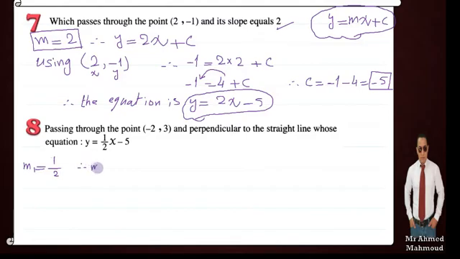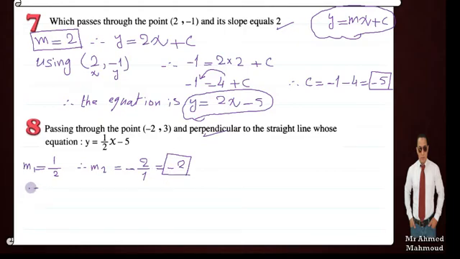Therefore, m2, because of the word perpendicular, I will turn it upside down and change the sign. It will be negative 2 over 1, which is negative 2. So the required slope equals negative 2.